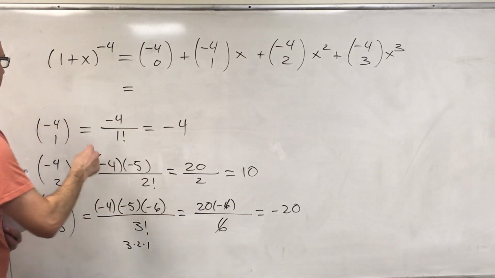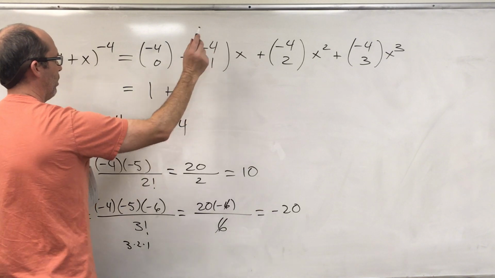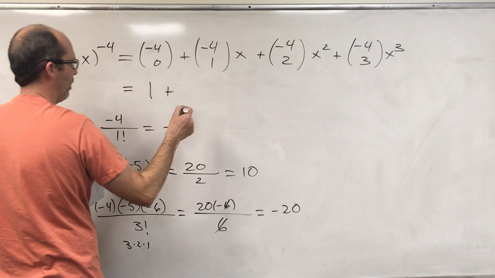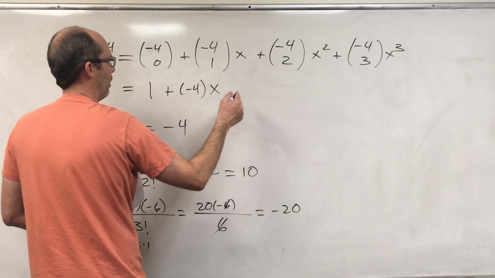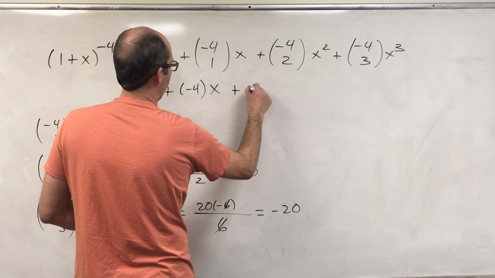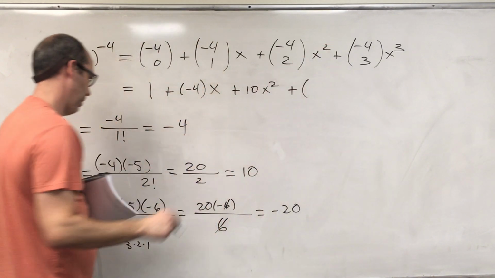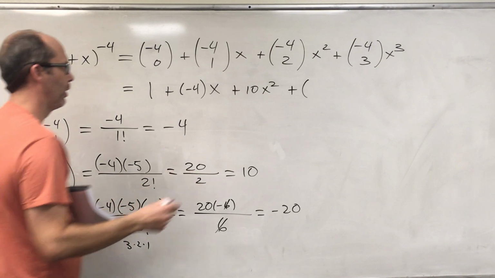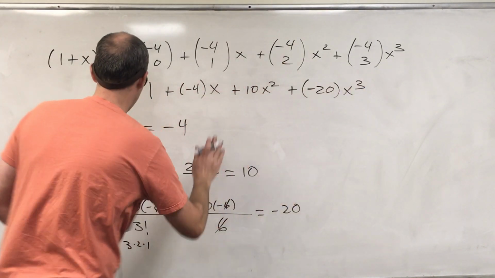So we just found all these things. Remember, this is always a 1. The binomial coefficient of negative 4 and 1 is negative 4, so negative 4x. Negative 4 and a 2 gave us 10, so 10x squared, plus, that one we found to be negative 20, x cubed.